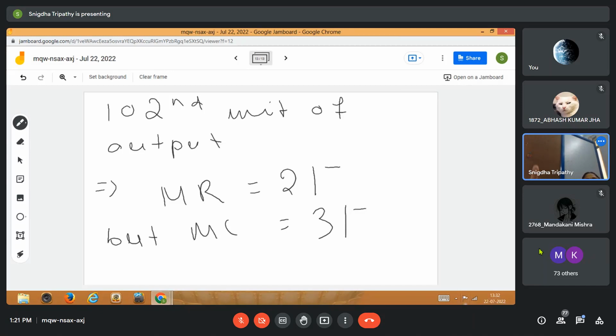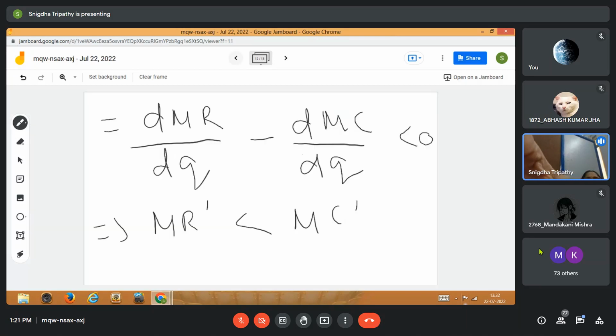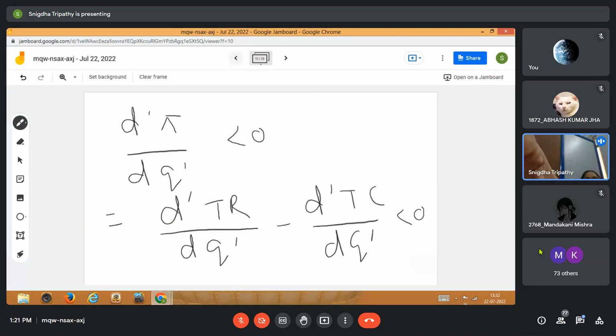Let us take the values from the last example.